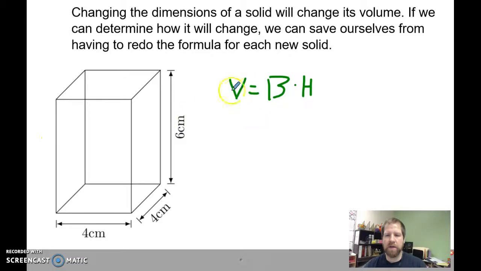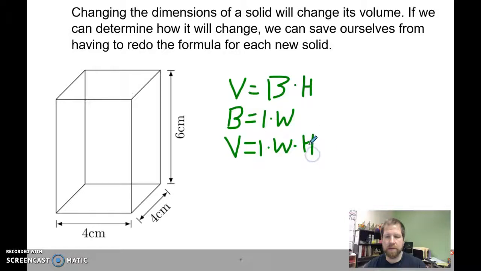So I've got my basic formula here for finding the volume. My base for this is going to be length times width, so my overall formula is going to be length times width times height, for finding the volume of this rectangular pyramid, this box.